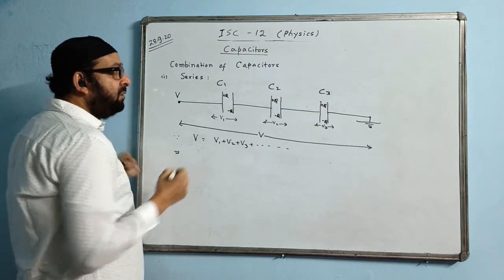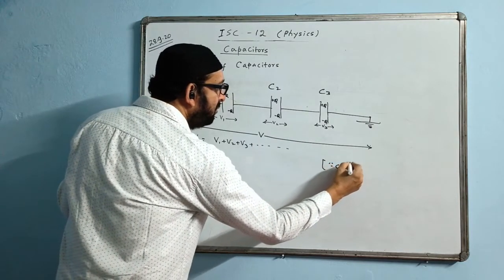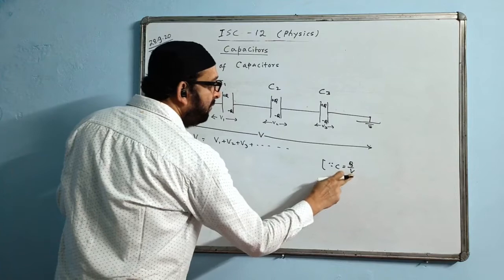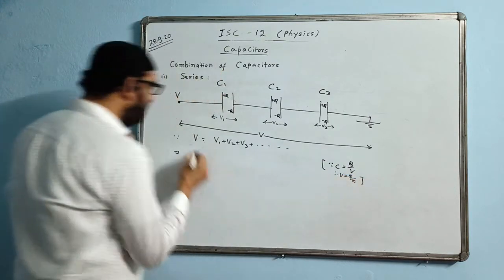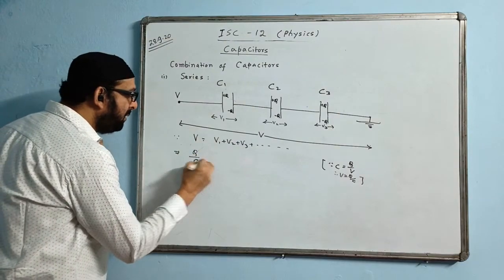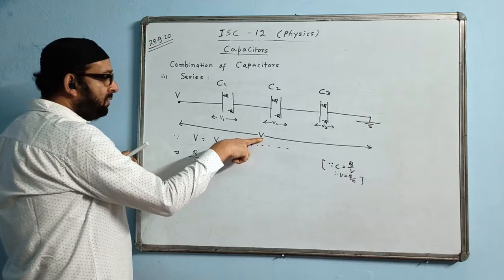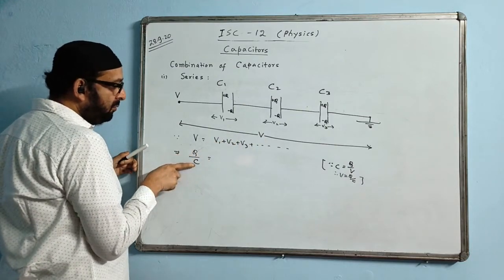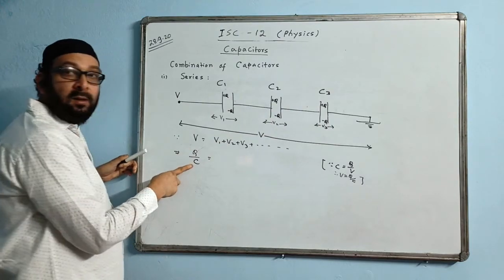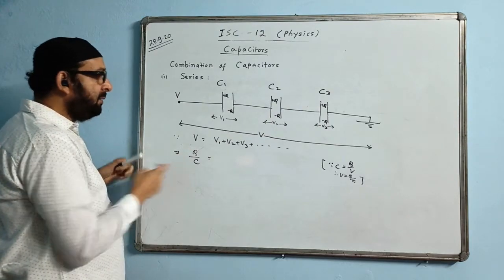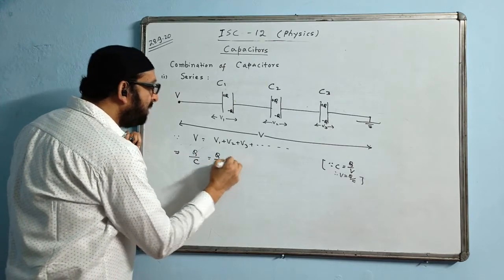We know the formula C is equal to Q by V, therefore V will be equal to Q by C. So I will be writing that V is Q by C. This is the total potential or total voltage, that will be equal to total charge, that is same everywhere, upon total capacitance, that is denoted by capital C. V1 value I will write Q by C1, because charge is same.